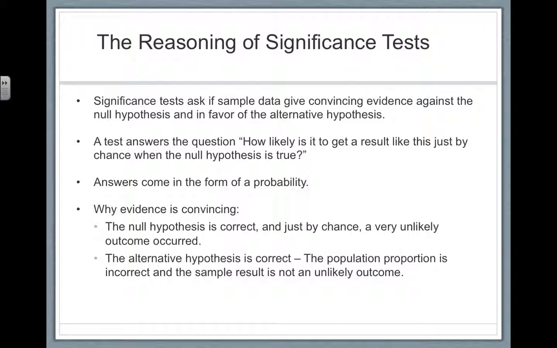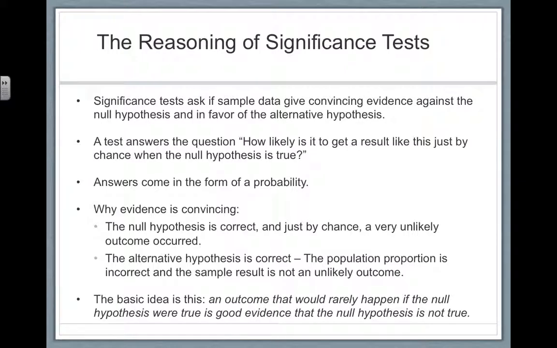So evidence is convincing if the null hypothesis is correct and just by chance a very unlikely outcome occurred, or the alternative hypothesis is correct, the population proportion is incorrect, and the sample result is not an unlikely outcome.